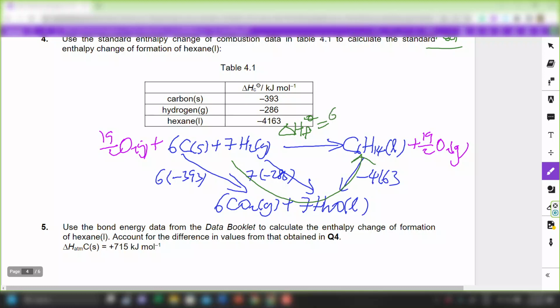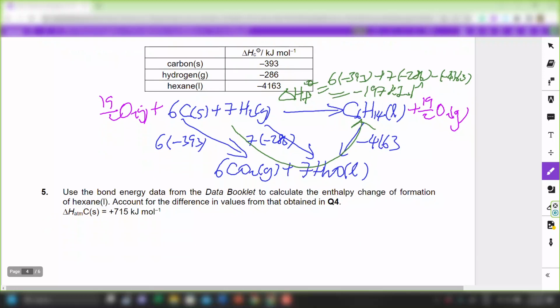So that will be 6 multiplied by minus 393 plus 7 multiplied by minus 286, and then minus 4163. Okay, so I'm going to punch the calculator. I should be able to get minus 197 kilojoules per mole. So that will be the enthalpy change of formation of hexane.